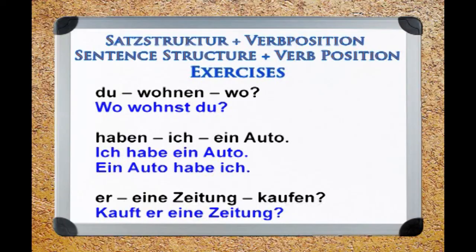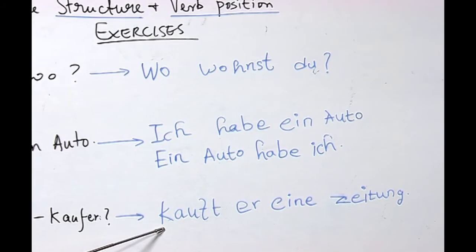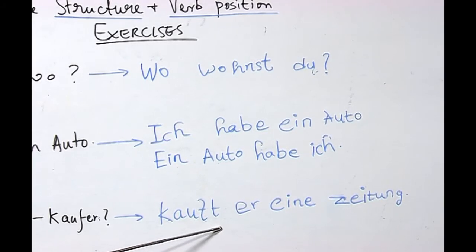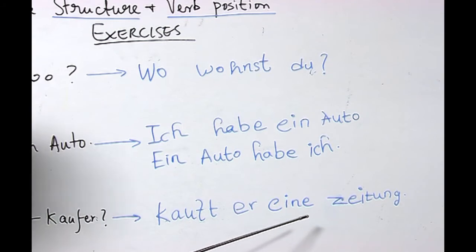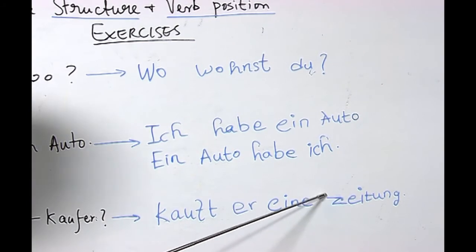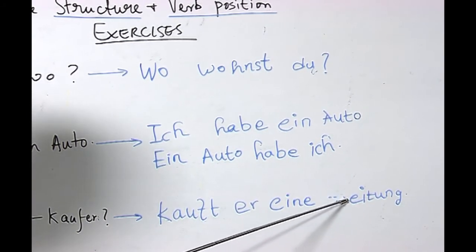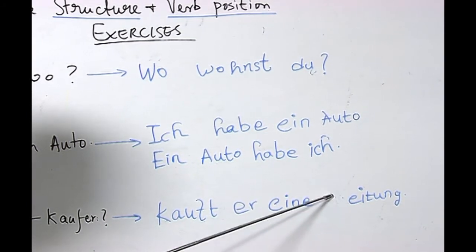Now, let us look at this sentence, eine Zeitung kaufen. As you can see, there is a question mark at the end which shows that it is a question. So, the student has almost given the right answer. However, there are small mistakes here which are not a problem at all. Now, let us first see the first mistake.